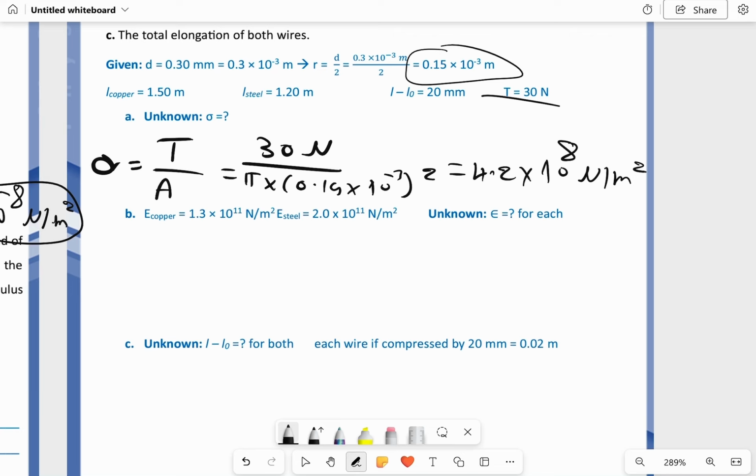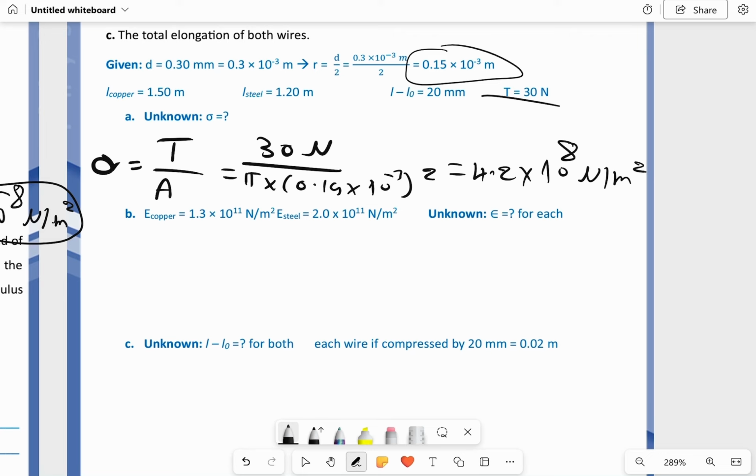Question B. The Young's modulus for copper is equal to 1.3 times 10 to the power of 11 Newton per meter squared. Young's modulus for steel is equal to 2 times 10 to the power of 11. Calculate the strain for both of them.